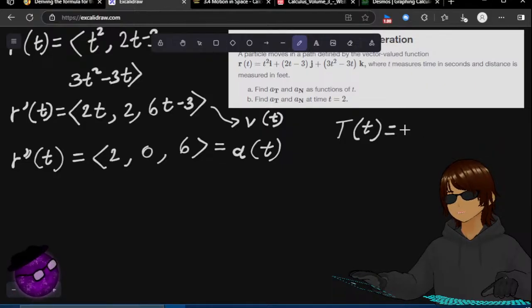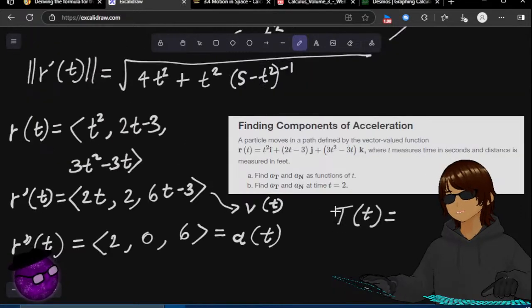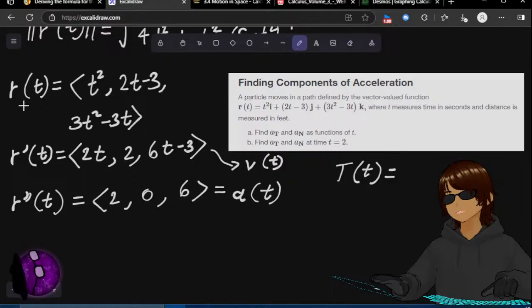So T is, wait, when we say tangent, we mean the tangent of r, right?